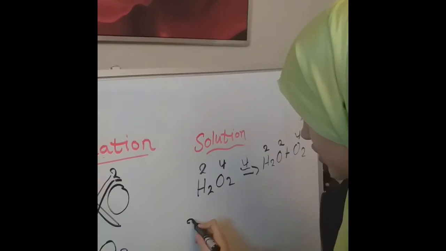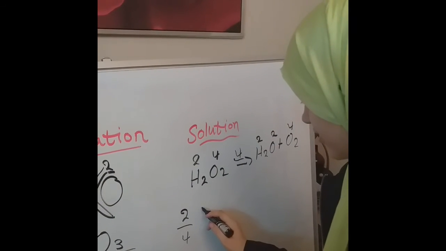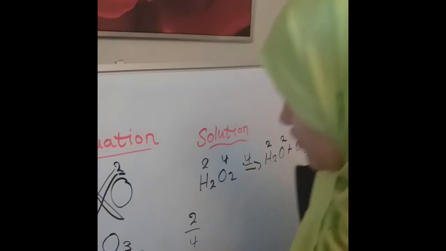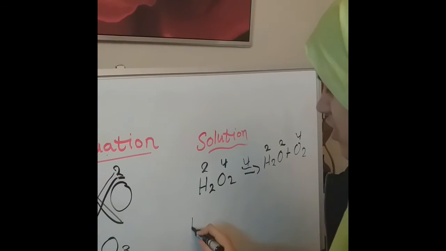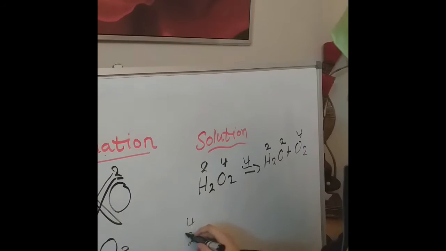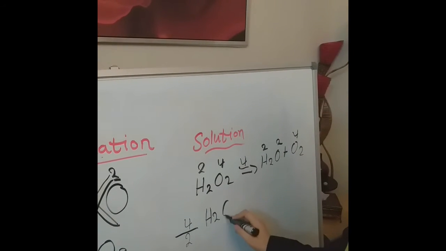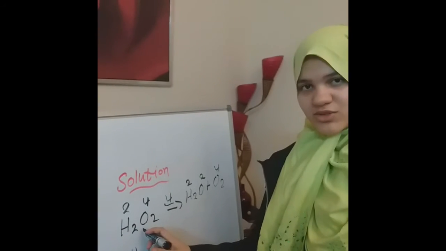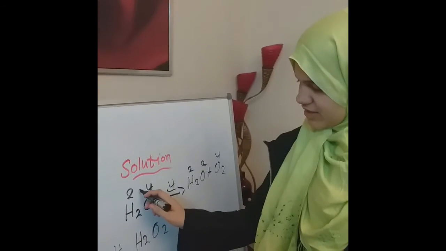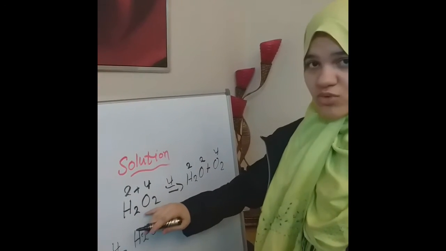Here, of course, 4 over 2, don't be confused: 4 over 2 for H2O2. We will not divide the second element, O2, because there is no sign between them.